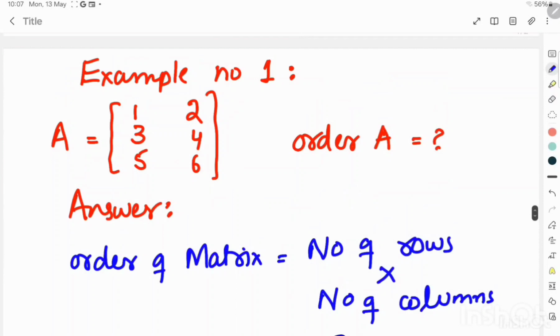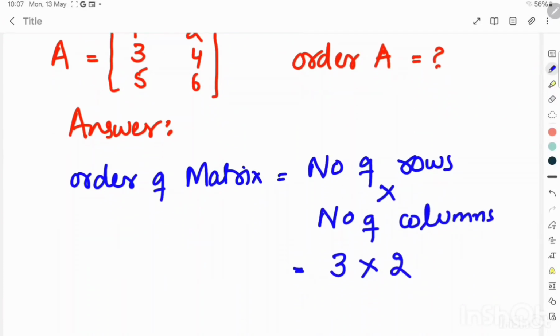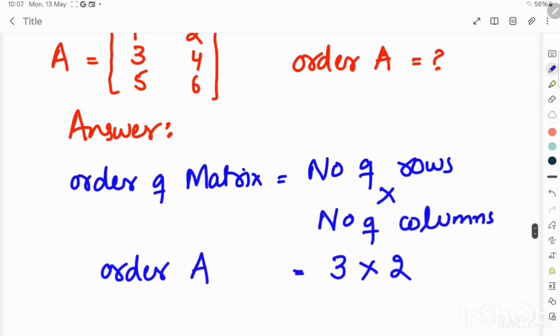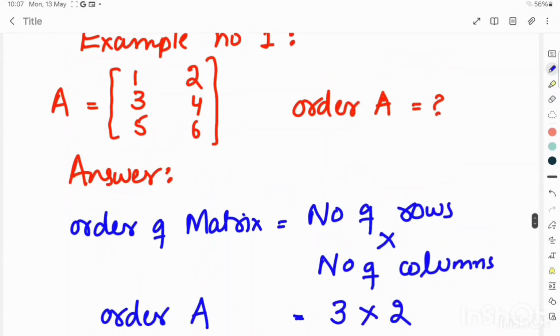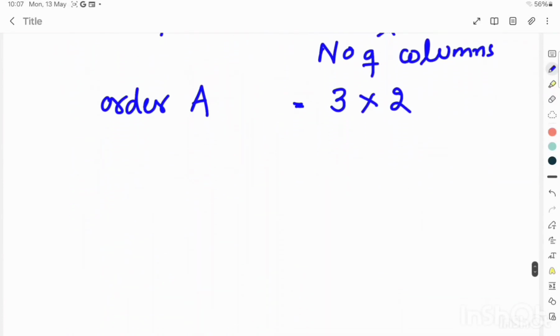As you know, columns are the numbers which go from upward to downward. Here you can see that 2 columns are given, so I will write 2 for the number of columns. So the order of matrix A is equal to 3 cross 2. This is how we can find the order of any matrix. Now I will do one more example for you.